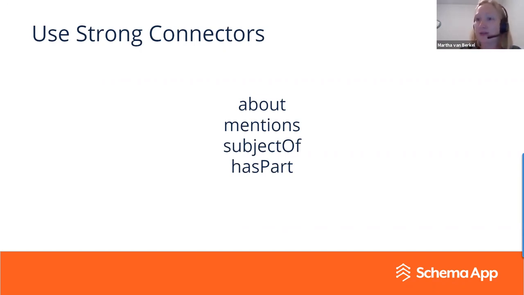Mentions is a bit of a weaker association, but it's a softer way to relate it. It's mentioned in the article, or on the page, across any entity, people, place, or thing. Subject of is a really great one. I'll show you an example. So if you have a page and it's the subject of an FAQ, it's a really powerful connector. And has part, really think of it as has the different parts. So it's made up of, or it has, these different parts included.